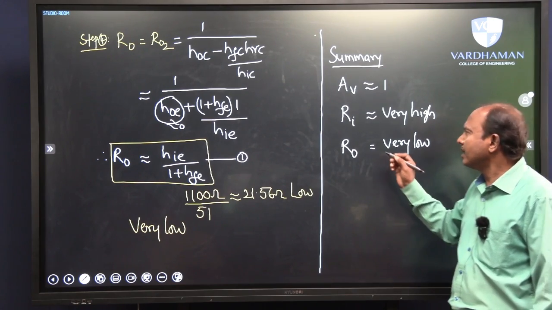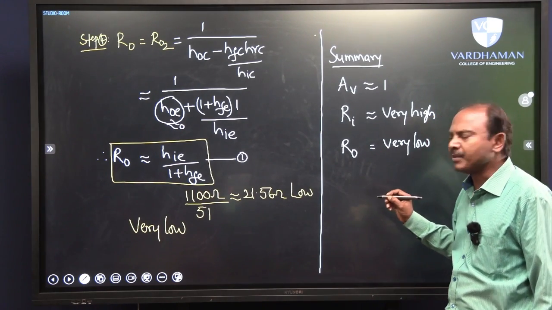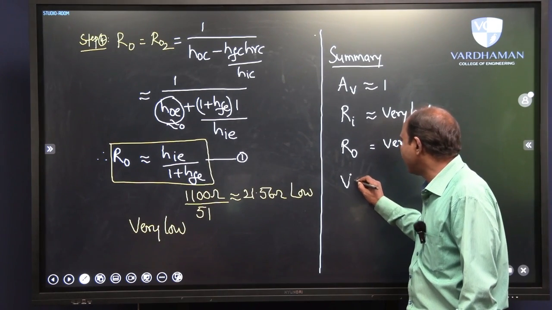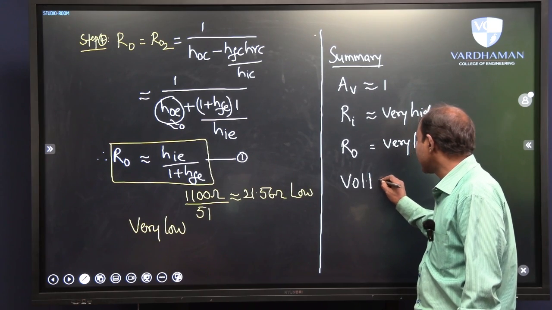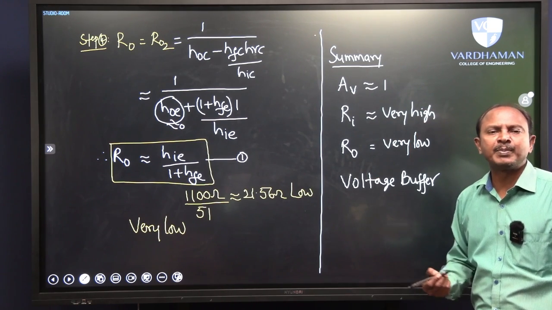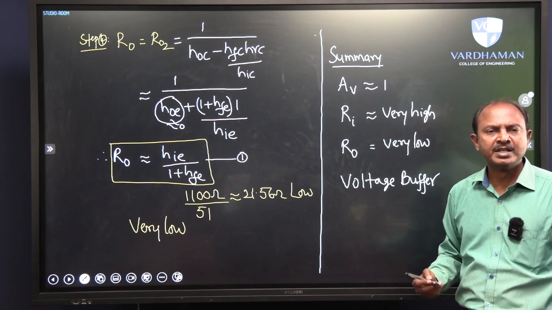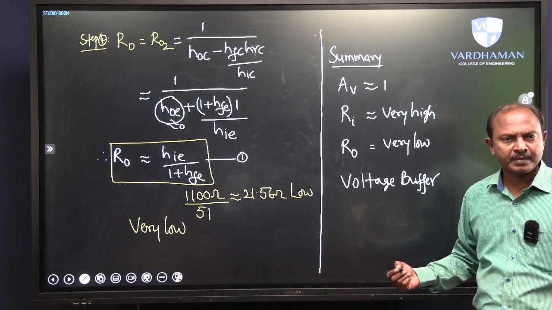The real-time or practical application of Darlington pair amplifier is voltage buffer.